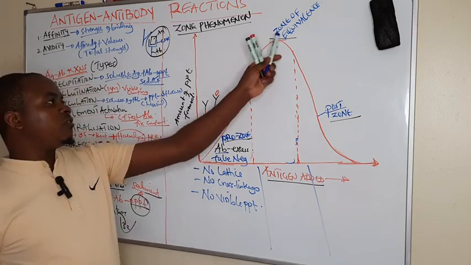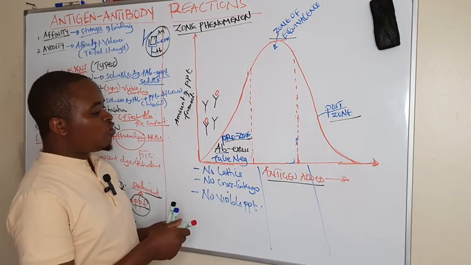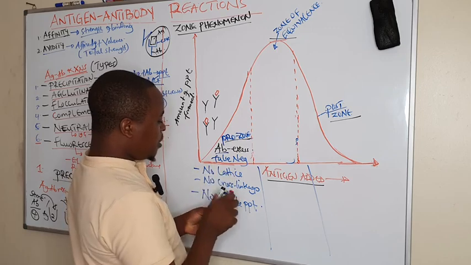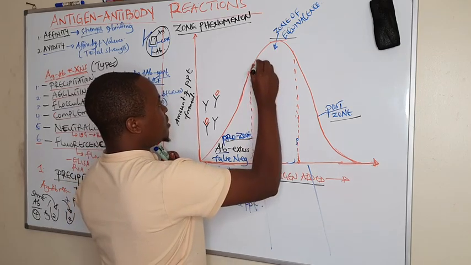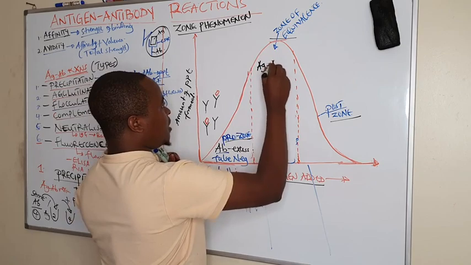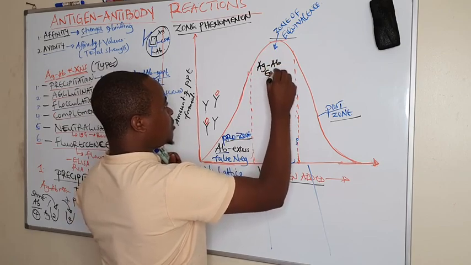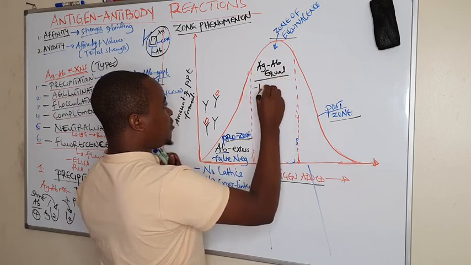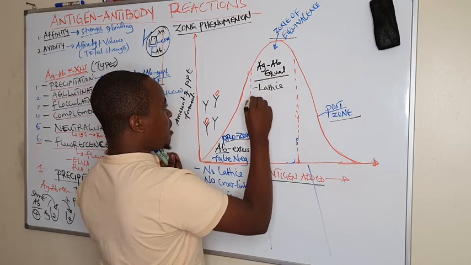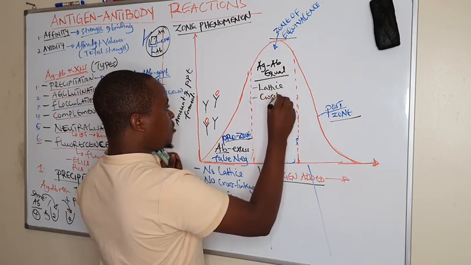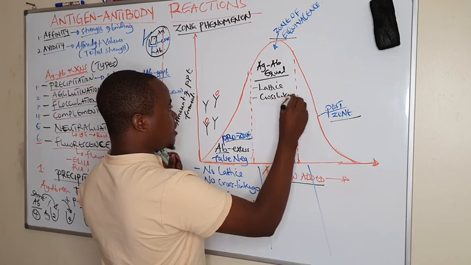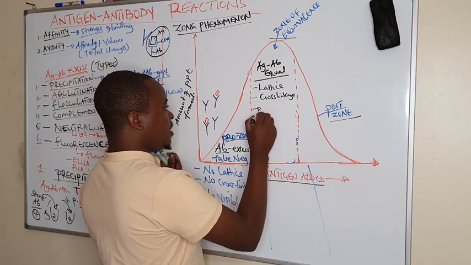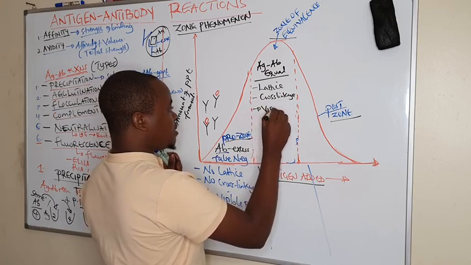Then under the zone of equivalence, here there are equal proportions. The antigen and the antibody are equal. And because they are equal, there is lattice formation and cross-linkage occurs because they are of the same number. And when the cross-linkage occurs, it results in visible precipitates.